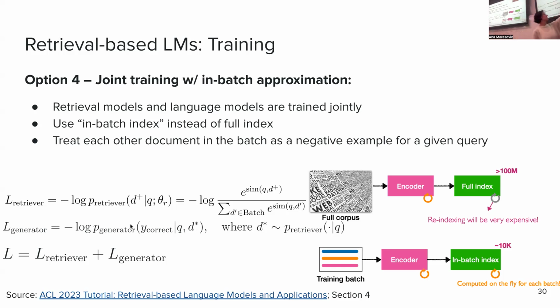It's a fancy way to say, give me the most relevant document. I have this probability and whatever is the highest one, I'm going to choose as the relevant document, and that becomes the input here. Okay, so there is an interplay between these two losses. And sometimes you will also have some special terms in front of the retriever or generator to kind of say what is more important to tune here.